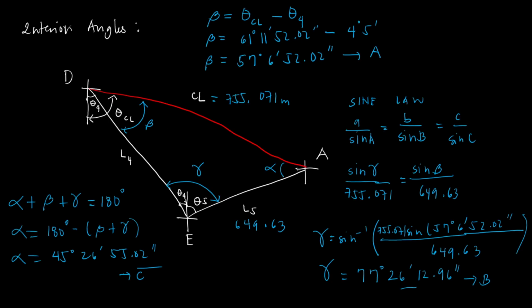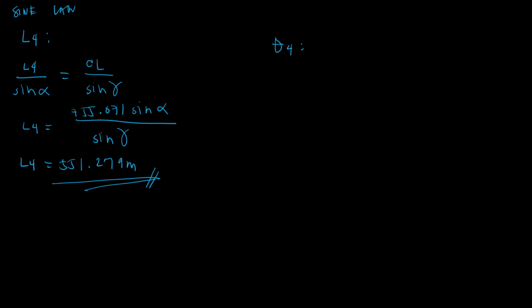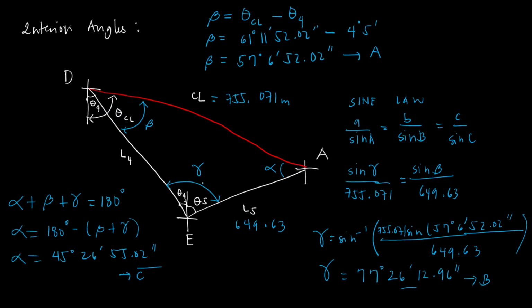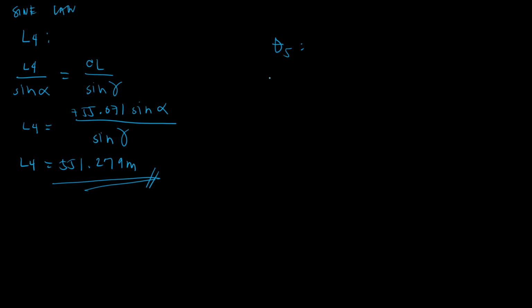Ayan. And then, for theta 4, ay, theta 5 pala. Ito, theta 5. So, pwede natin siya makuha dito. So, yung gamma is equal to theta 4 plus theta 5. So, given naman tong theta 4 and then nakuha na natin tong gamma. So, yung theta 5 is equal to gamma minus theta 4.